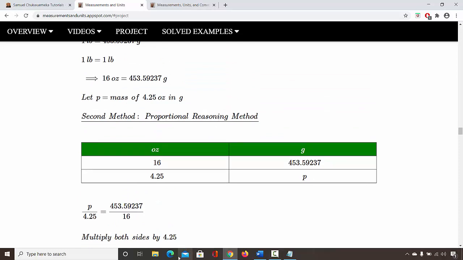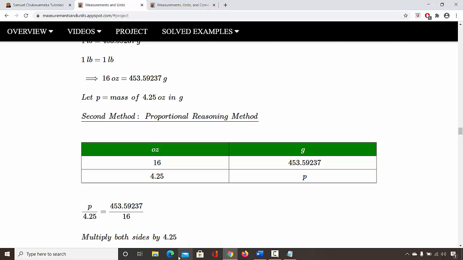We ask ourselves, what two variables are involved? What are the two units involved? Ounce and gram. Just like when you are asked to convert how many days in 7 weeks. What two variables are involved?